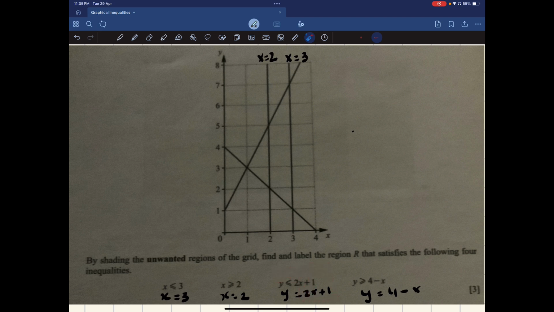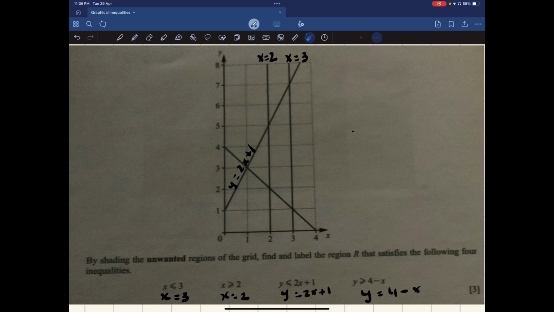What is the y-intercept? The point where your line crosses the y-axis. So which line is crossing the y-axis at 1? This one. So this equation is represented by this line. We are going to label this as y equals 2x plus 1. And obviously the fourth line, the left line, would be the fourth equation.